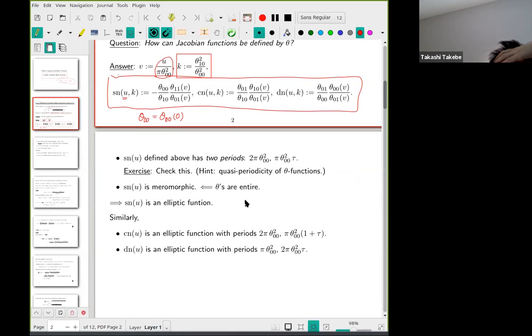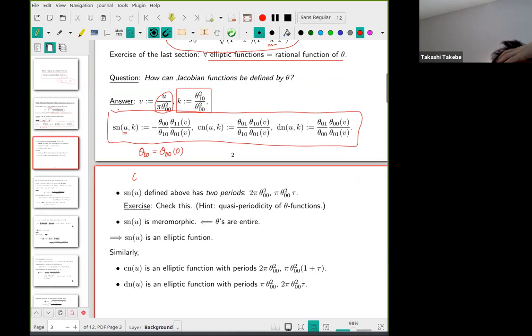So what we can say about this ratio? For example, theta 1 of u plus 1 is minus theta 1 of u. Theta 0 1, this is theta 0 1. So if v is shifted by 1, it gets a sign.